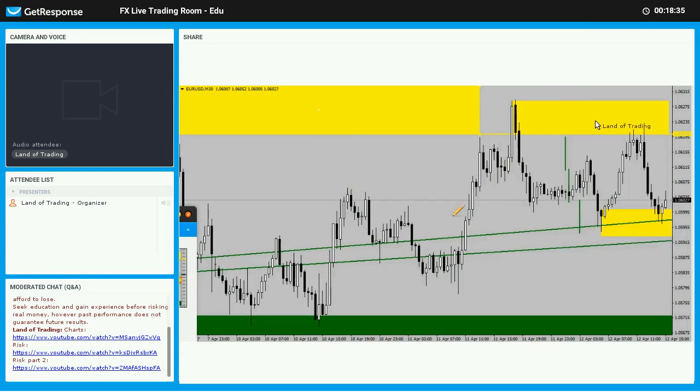So in other words, it would be possible to try to make it a little bit different way, trying to look for selling opportunities inside this possible supply zone. All right.